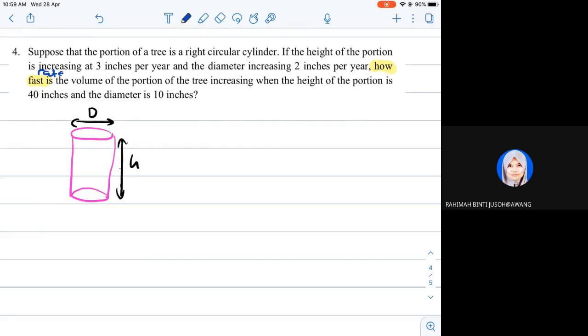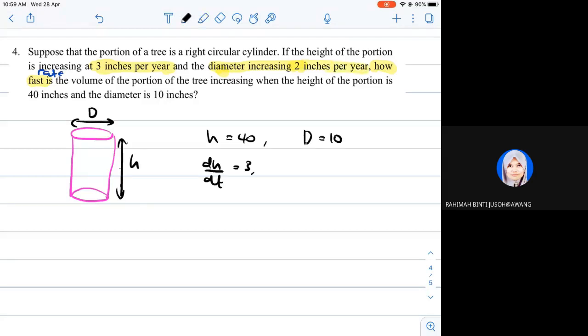Okay, so it gave height 40. Okay, diameter equals to 10. Alright. And then it also gave that the portion is increasing in height. It says the height is increasing at a rate of 3 inches per year. Whenever there is the word per time, it means that is the rate. Okay, so the rate, we take dH over dt equals to 3. And then it also gave the diameter, increasing 2 inches per year.